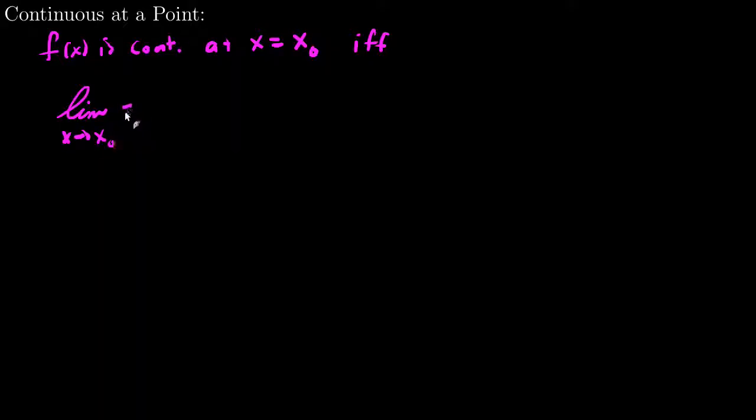So I'll say f of x is continuous at x equals some x value, x naught, if and only if the limit as x approaches x naught of f of x is equal to f of x naught.